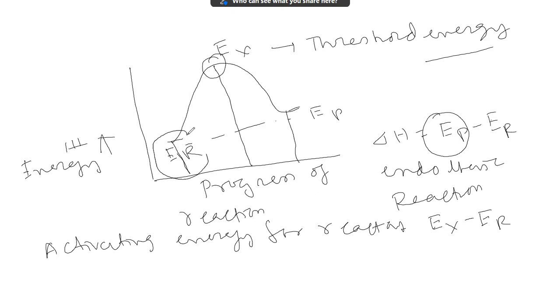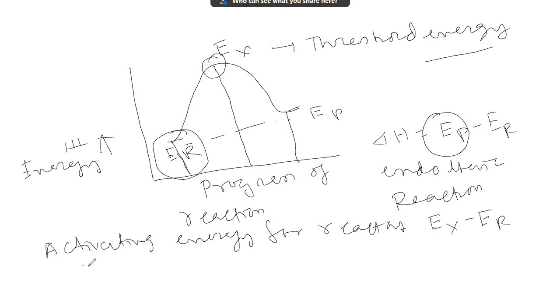The reactant molecule on its own has some energy, because E stands for internal energy. In thermodynamics we have learnt that whether you apply pressure or temperature or not, that doesn't matter. The molecule itself possesses some energy, depending upon its mass, bond length, and so many factors. This energy is called internal energy. It has to be excited to EX to get into the reaction.